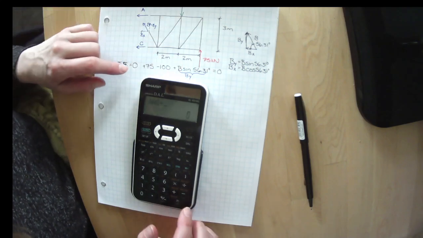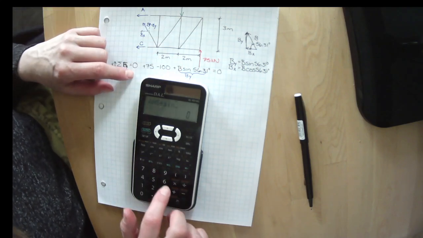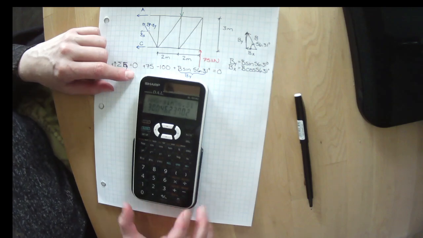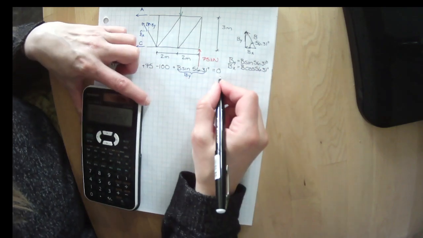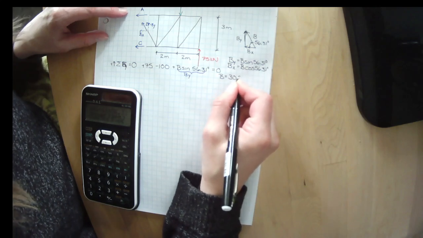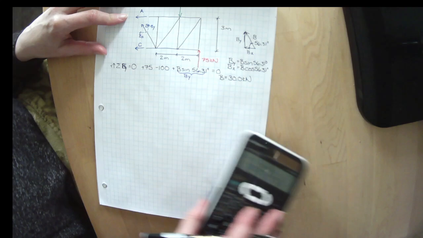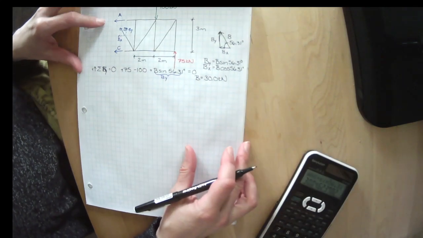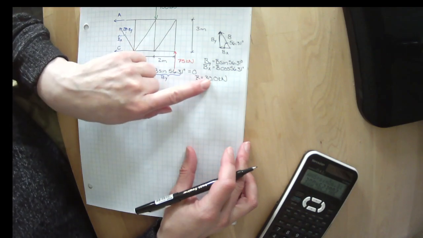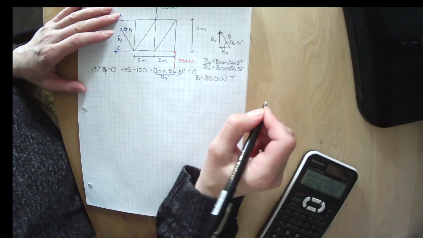And I divide by the sine of 56.31 degrees, and I get B equals 30.0 kilonewtons. I guessed that B was in tension. My answer is positive. That means I guessed right.